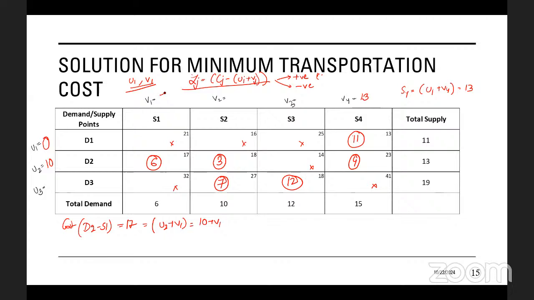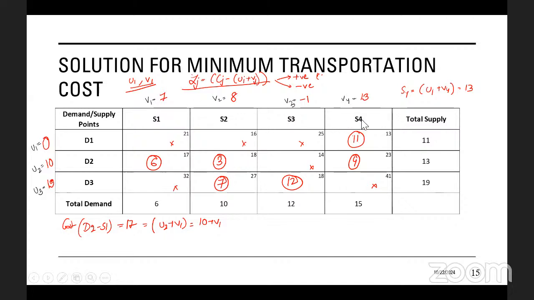So v1 comes out to be 7 for us. Once v1 comes out to be 7, we can also calculate v2, which will come out to be 8. As soon as v2 is 8, u3 will come out to be 19. And as soon as u3 is 19, by this logic, v3 would come out to be minus 1. So now these are our u and v values.